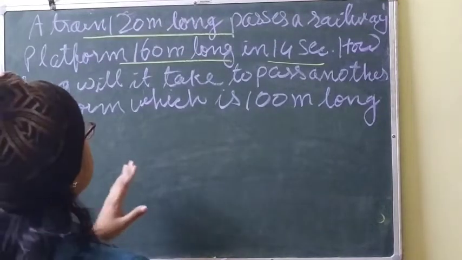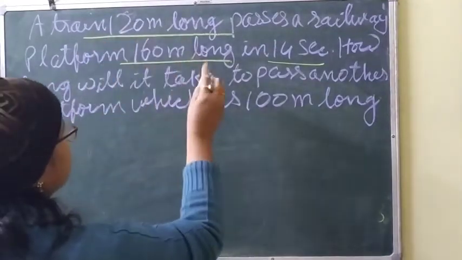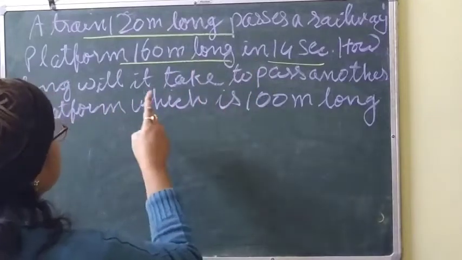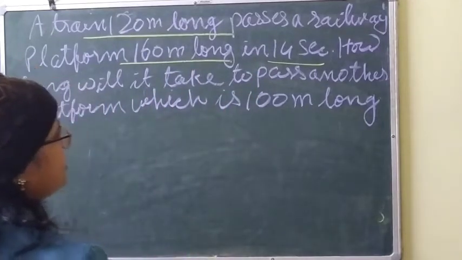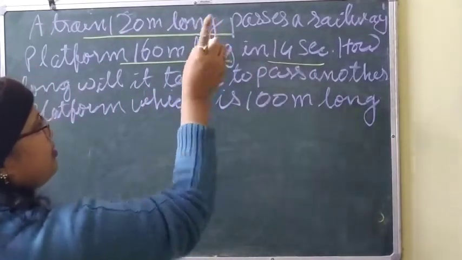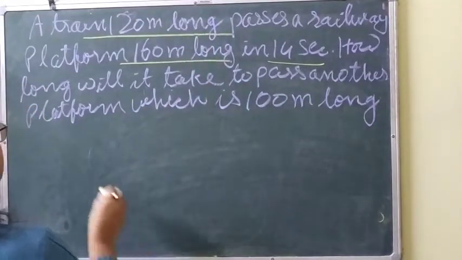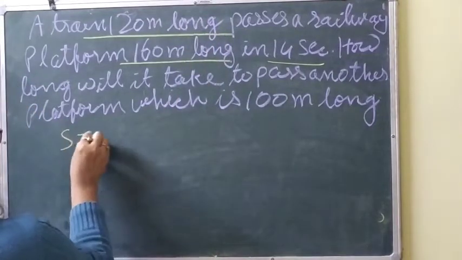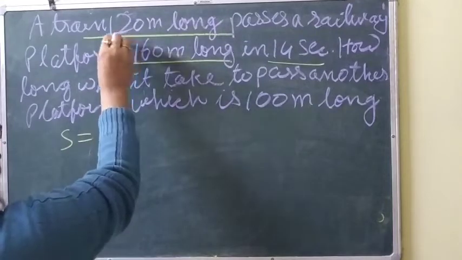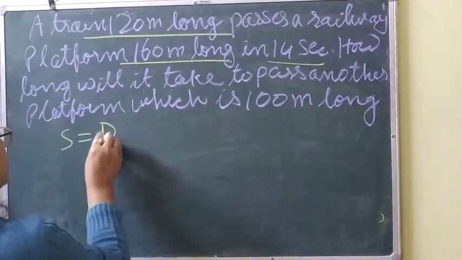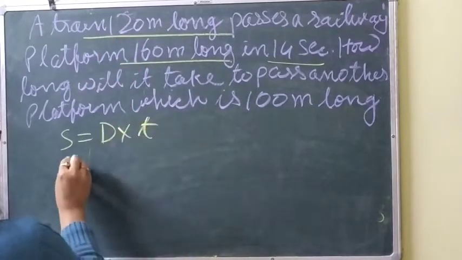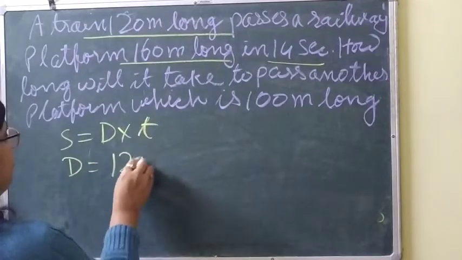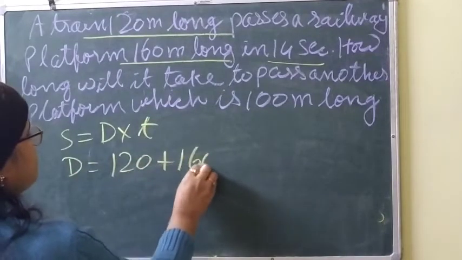So first what we will do, here a train 120-meter long passes a railway platform 160-meter long in 14 seconds. So from this line we will find out the speed of the train. So speed is equal to distance into time. Distance is what? Total distance first we will find out. So total distance what will be here? 120 plus 160.